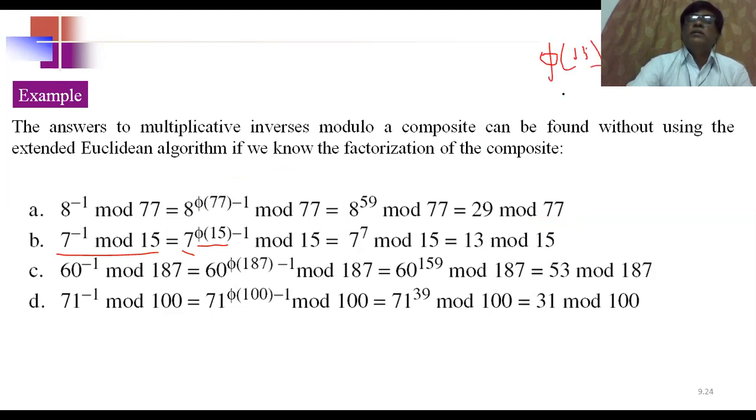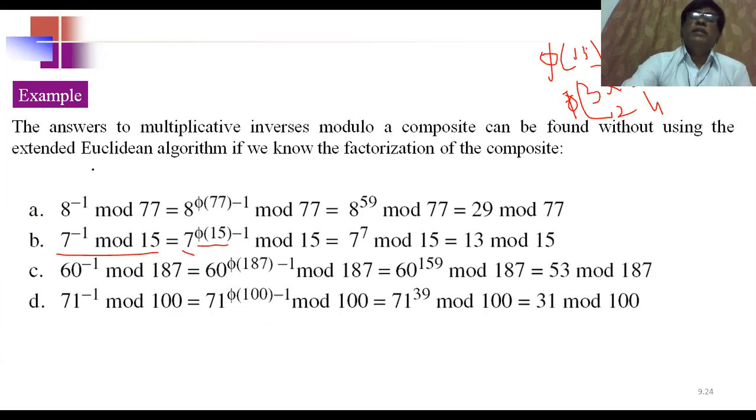How to get it? 15 is nothing but 3 into 5, and both are prime, so phi of 3 is 2 and phi of 5 is 4. 2 into 4 is 8. So phi of 15 is 8, and 8 minus 1 is 7. So 7 power 7 mod 15 is equal to 13.